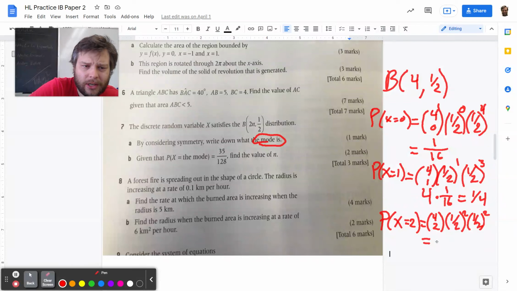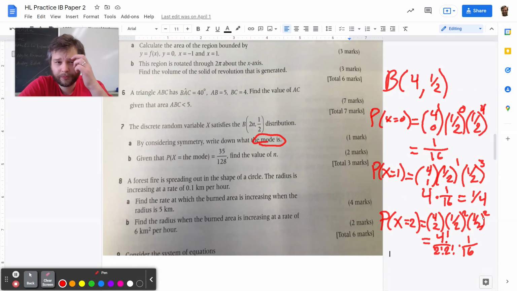Off the top of my head, I guess I'll just work it out: 4 factorial over 2 factorial, 2 factorial times 1/16. So let's see, 2 times 2 on the bottom makes 4, so we have 3. Does that come out to be 6 over 16? That should work.